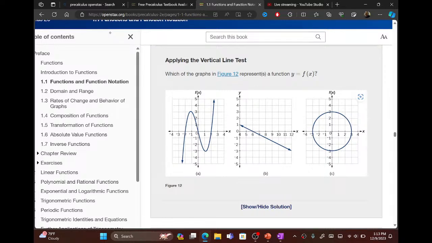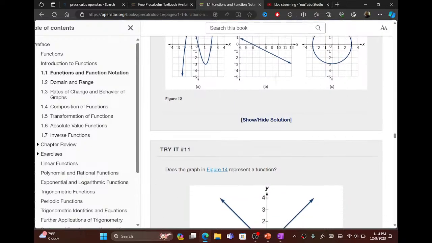So yes, part A is a function. Part B as well, we can clearly tell that it is a function because it only goes once. But part C is a circle. We can clearly see that it is not a function because it crosses here, here, here, here. So when that happens, it is not a function.